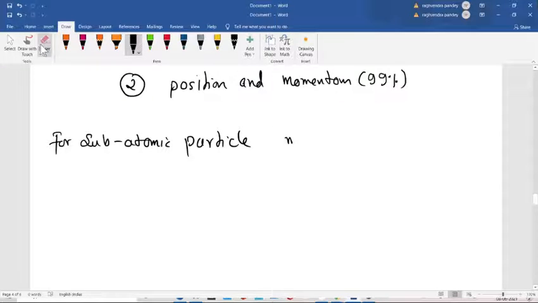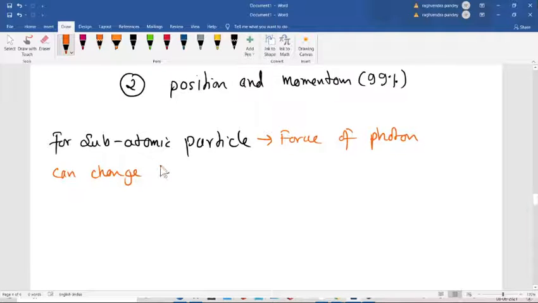Momentum, or we can say force of the photon, can change their position and velocity. This is the problem. That's why this uncertainty principle arises.